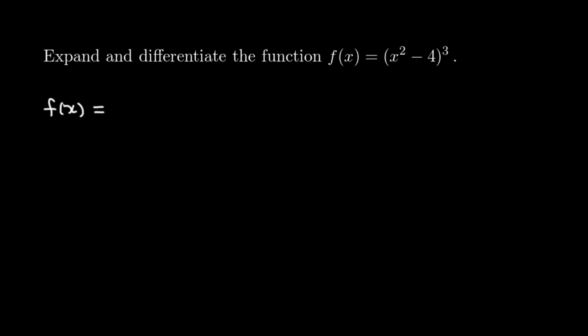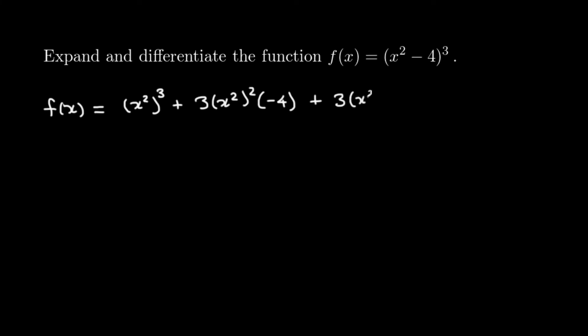So binomial expansion here, obviously. It's going to be x squared, the first thing in this that we're cubing, to the power of 3. And then we'll have a binomial coefficient, 3 choose 1 from Pascal's triangle, and then we'll have 2 of these x squareds multiplied by a single minus 4. Then 3 choose 2, our next number in Pascal's triangle.